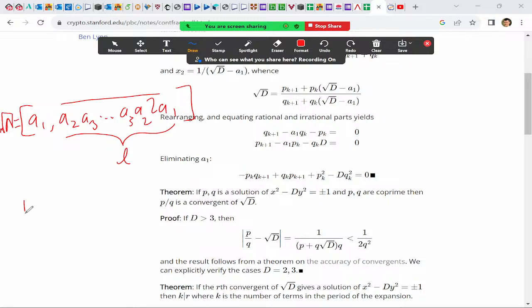So you have something like, let's say n equals ql plus r.